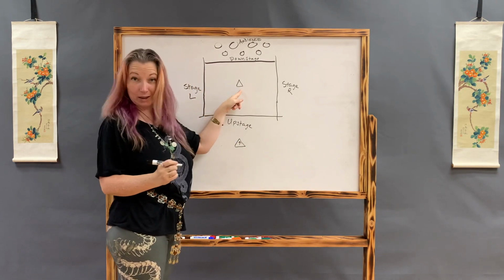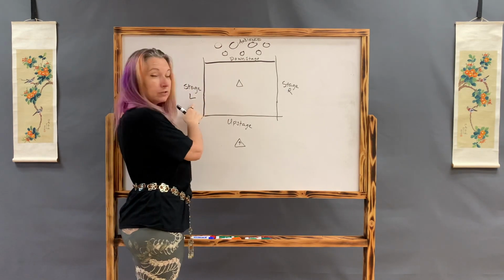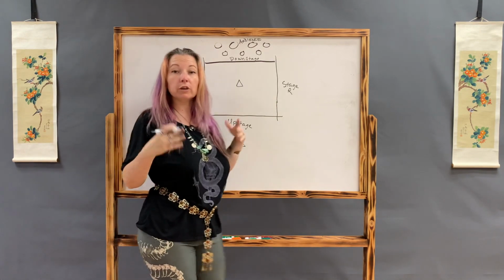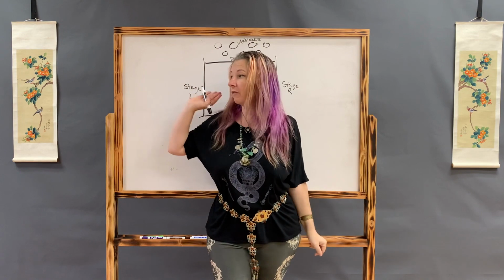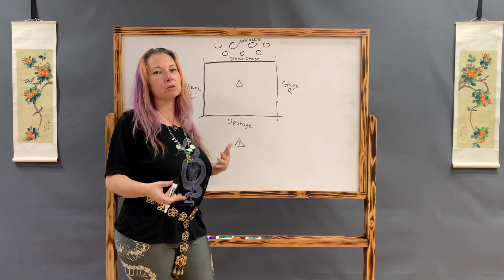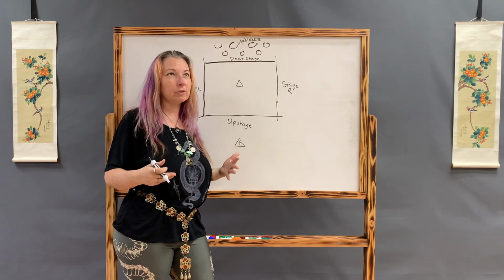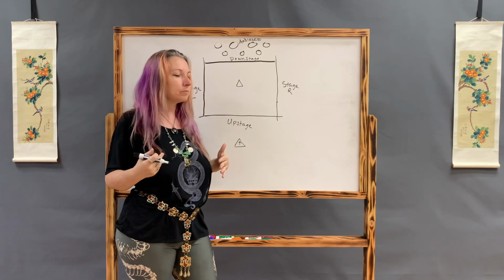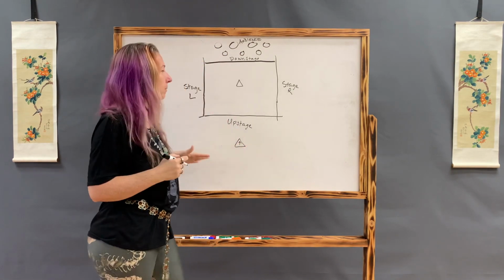So if this is me dancing, my left is stage left and my right is stage right. You're my audience, this is my left hand, this is stage left, and this is stage right. You'll hear those terms the more you dance. If you start performing, even though that's not really our goal with dance, our goal is to just enjoy the dance, you might hear some of these terms. So it's nice to have them in the back of your brain.